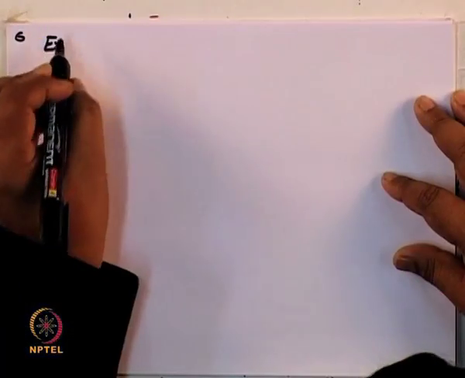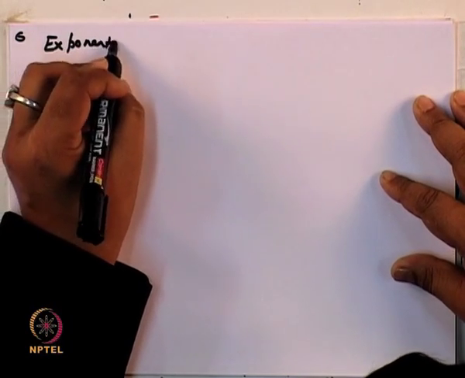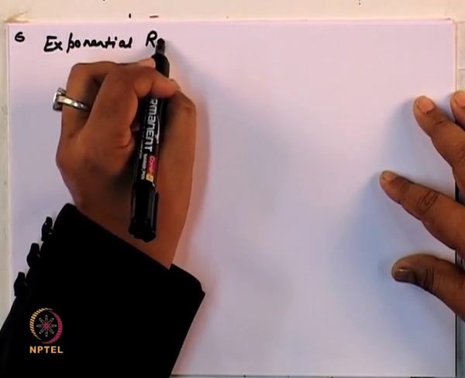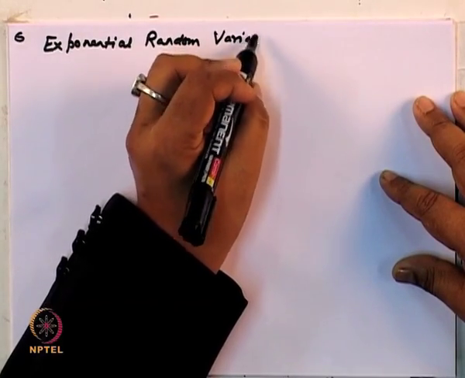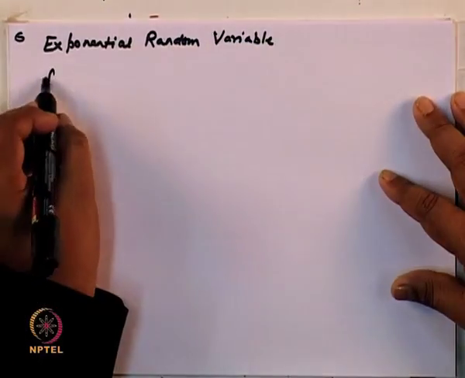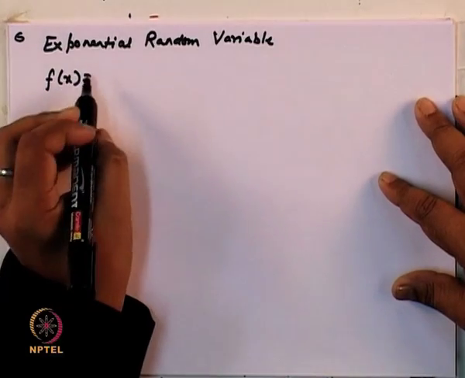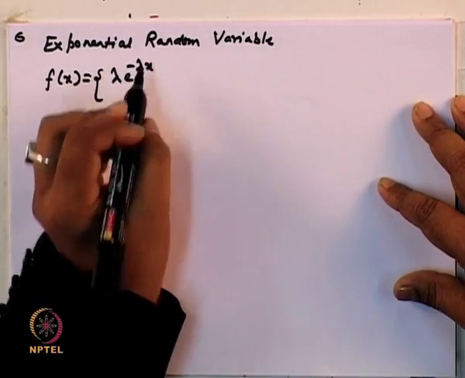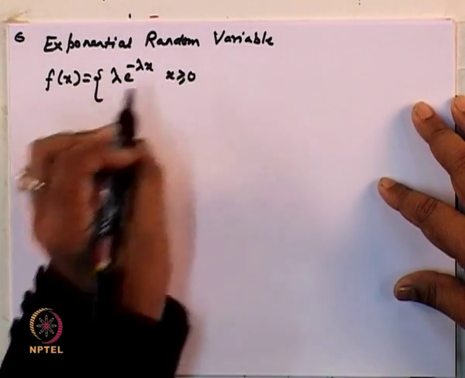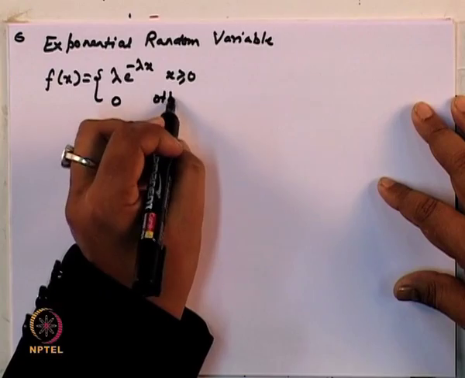Okay. For an exponential random variable, your f(x) is defined as lambda e to the power minus lambda x when x is greater or equal to 0 and equal to 0 otherwise.